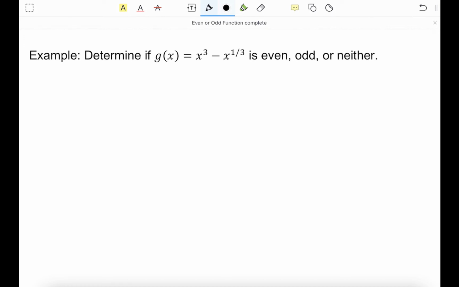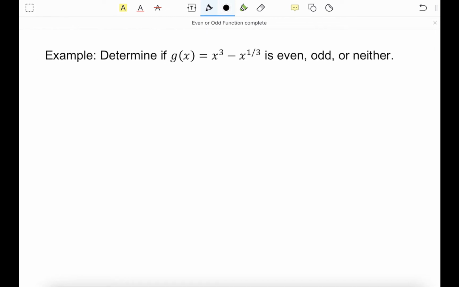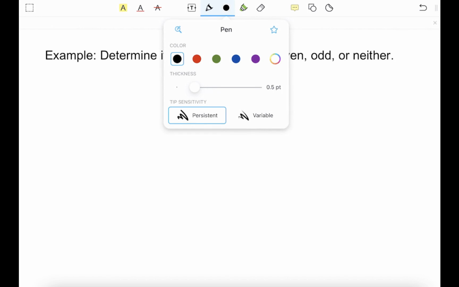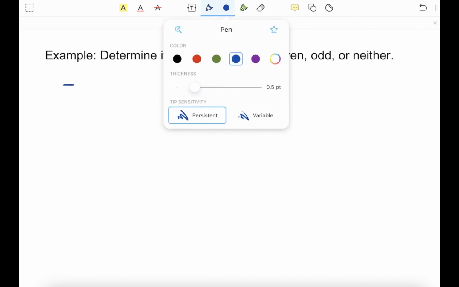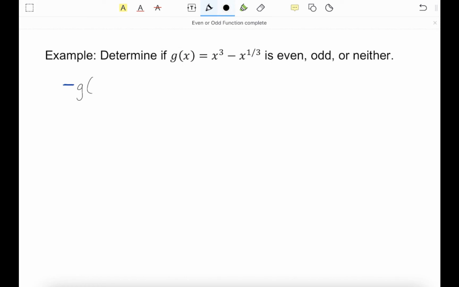So I would probably guess that this is going to be an odd function, but let's just double check. So we'll look at the opposite of g of negative x.